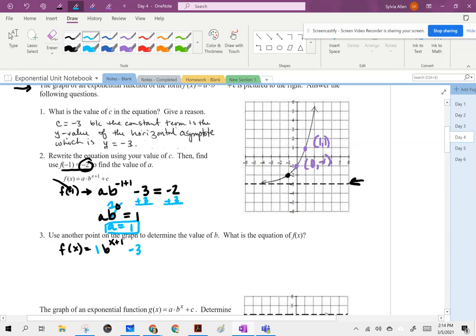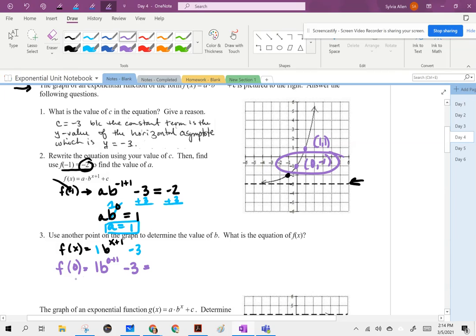So now what we're going to do is just plug in a point. Let's do 0, -1. Let's try that one. So when I plug in 0, I am going to get 1 times b to the 0 plus 1, minus 3.